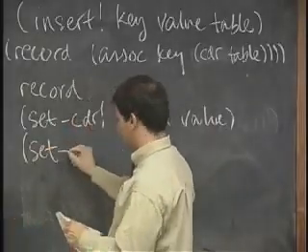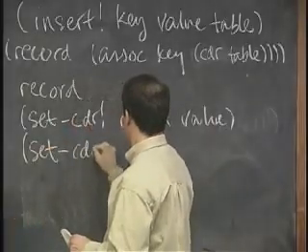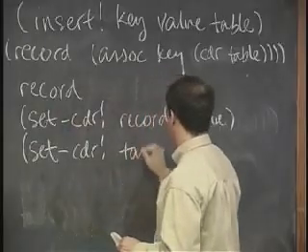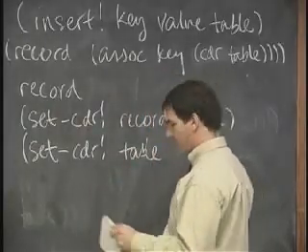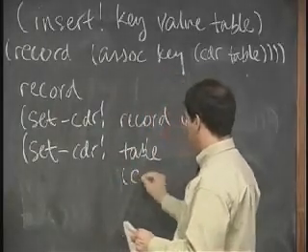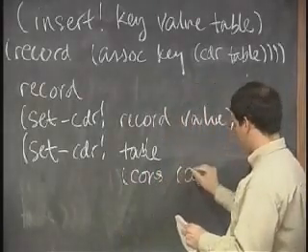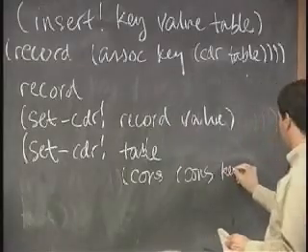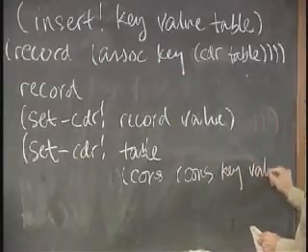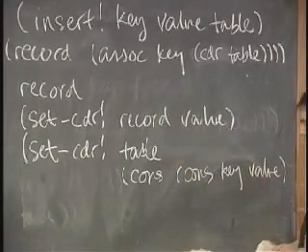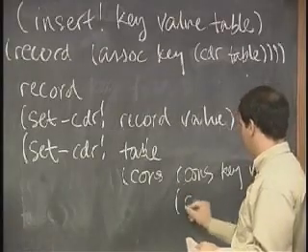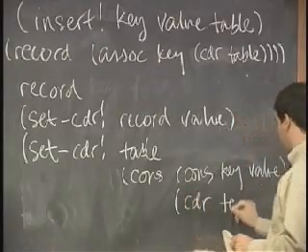So the insertion into the table happens here as a set-cdr! of table, and then a cons, which is the new association, cons of the key and value, onto the cdr of the table.